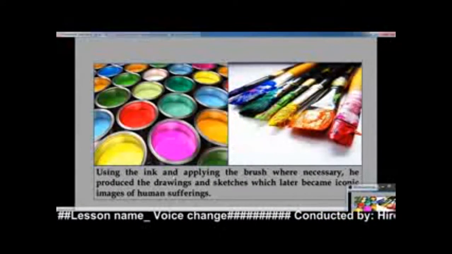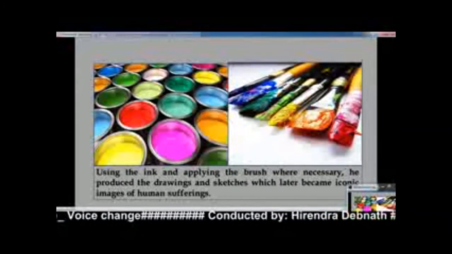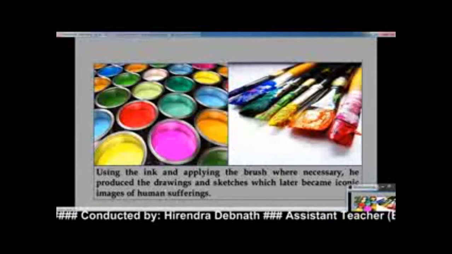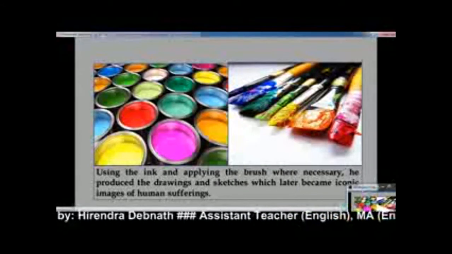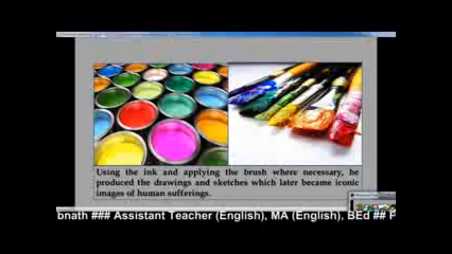Using the ink and applying the brush, using this type of ink and this type of brush where necessary, he produced the drawings and sketches which later became iconic images of human sufferings.